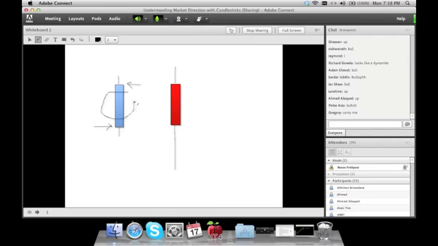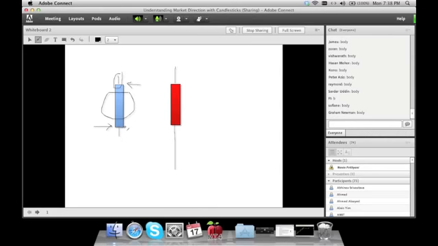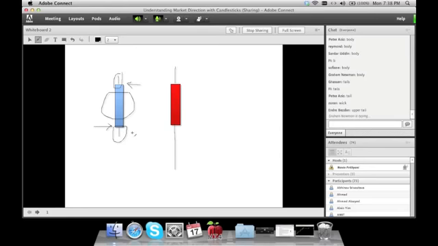What is this big solid area called? That is what we call the body. These pointy things that come out of it are referred to as the wicks or tails. I like to call them tails, but the professional word is wicks, W-I-C-K-S.